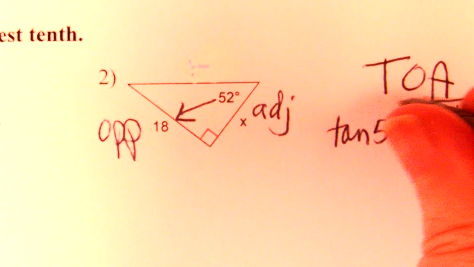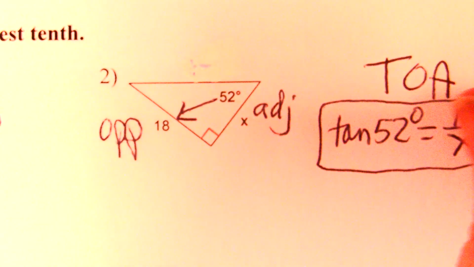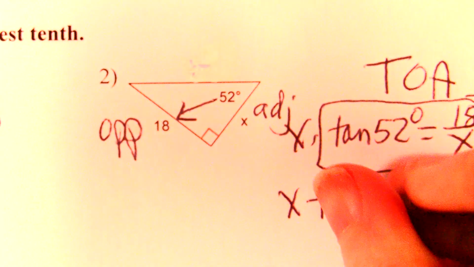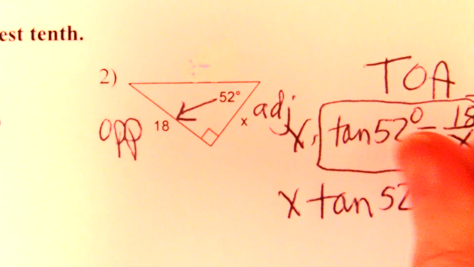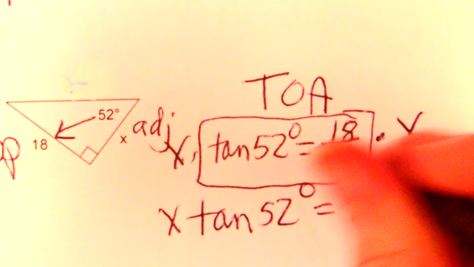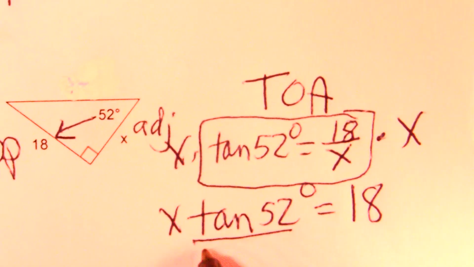So you put a box around this and we get times x, and you write it again on the left side. And on the right side you just write 18 because those are canceled, and you divide by tangent of 52 degrees.